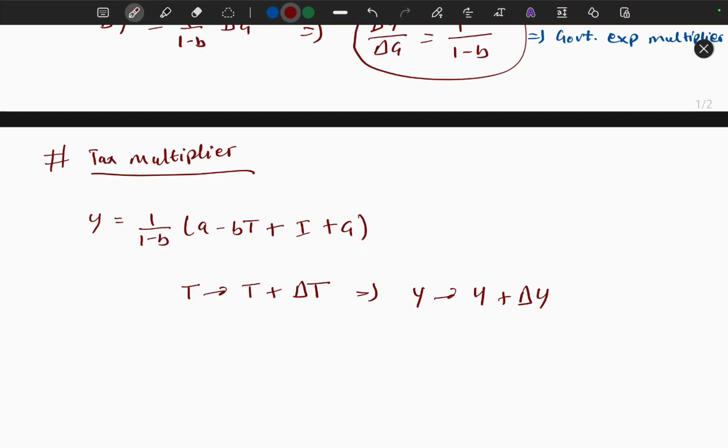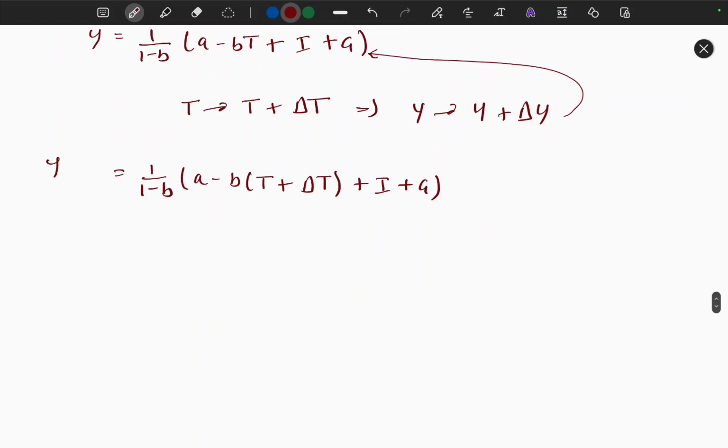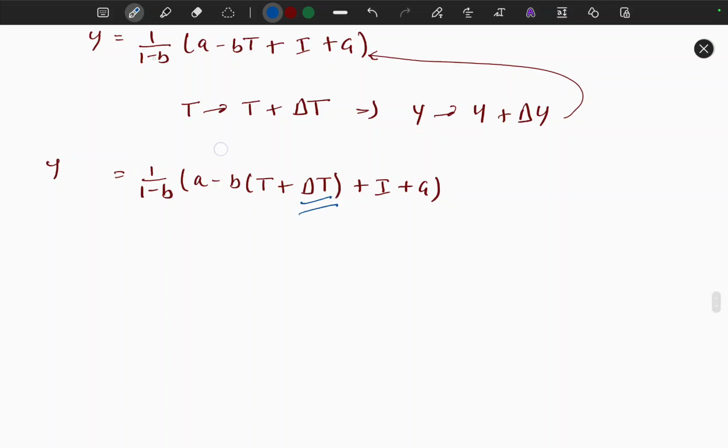Alright, so let me introduce all these changes into this equation. So y equals 1 over 1 minus b times a minus b times t plus delta t, this is the change that we're concerned about, plus I plus g. I already introduced this delta t, which will cause some increment, delta y.